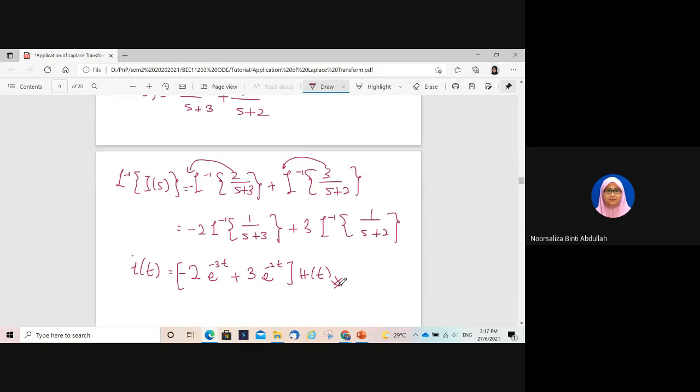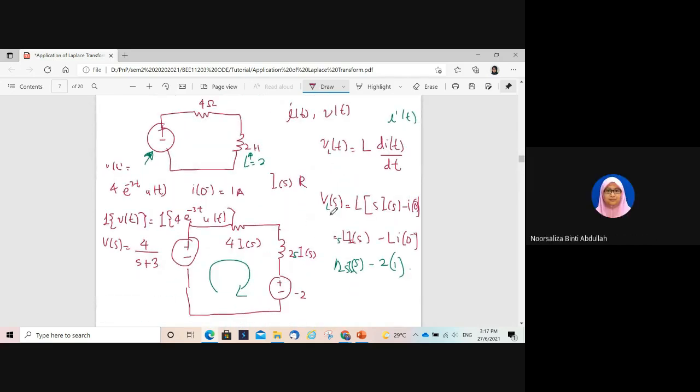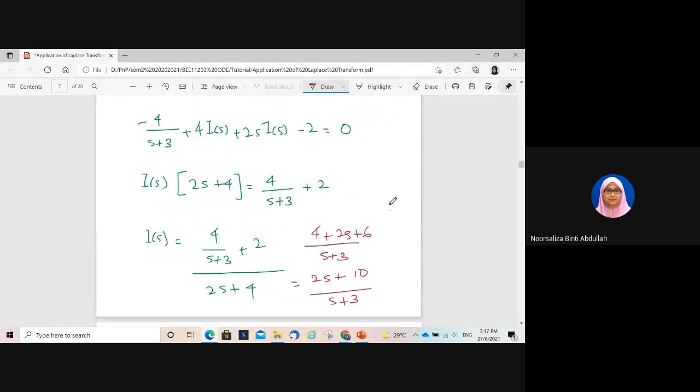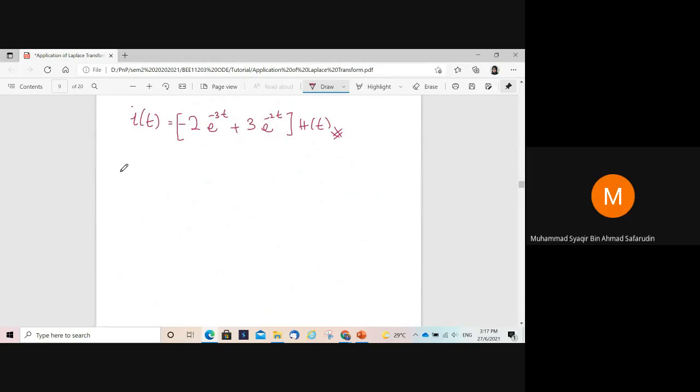Okay, so tak habis lagi because soalan dia, the question asks you to find I and V. So now kita cari V. We use these equations. VL S equals to LSIS minus Li0.